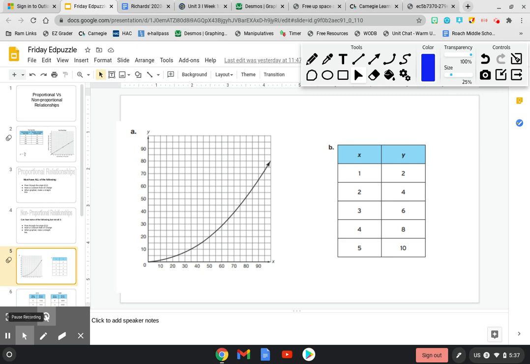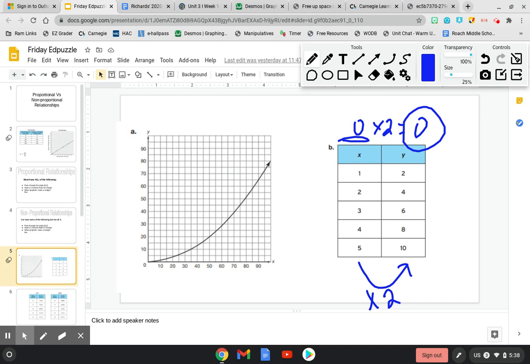The question on the right, this is proportional because you do have a constant rate of change, or a constant of proportionality. You're multiplying by 2 the whole time. And if I inputted 0, 0 times 2 is 0. So I do have 0, 0.